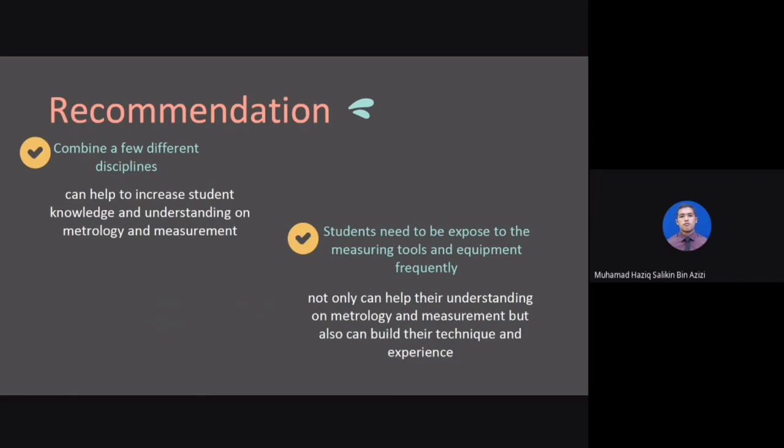While focusing on only one discipline, the student cannot learn more or gain any additional knowledge. When a few disciplines are combined, especially in doing projects or activities, they can gain more knowledge. They can find more additional information that can help their understanding of metrology.